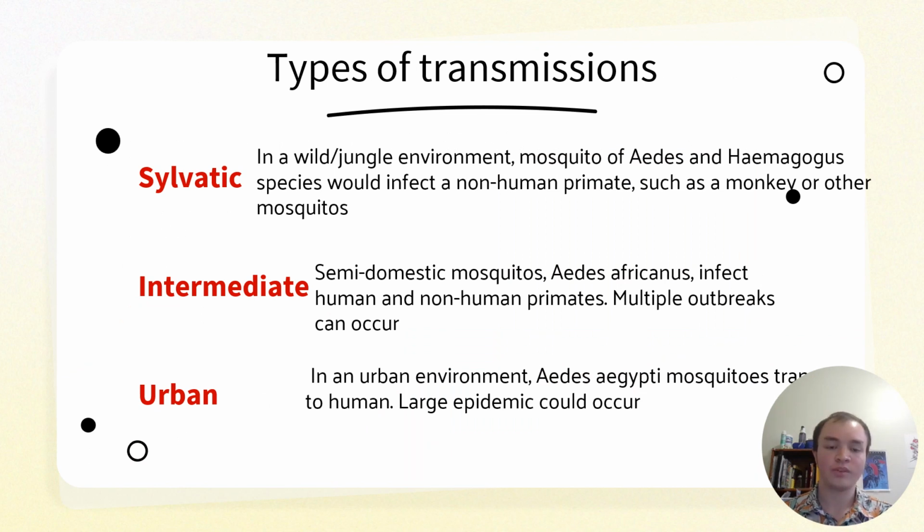There are 3 transmission cycles for the yellow fever virus to utilize in order to spread the infection.